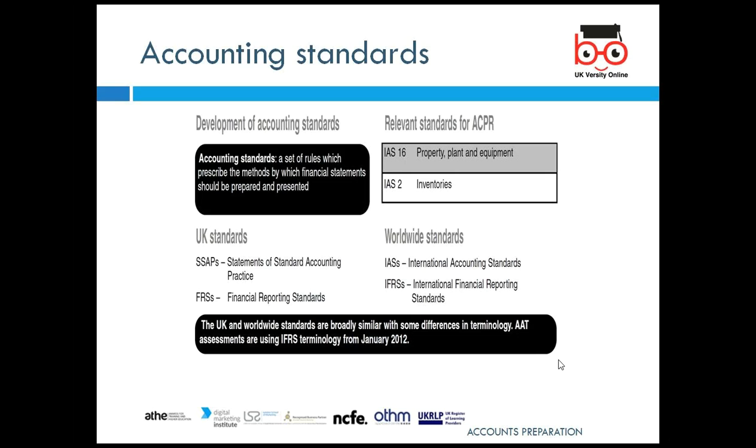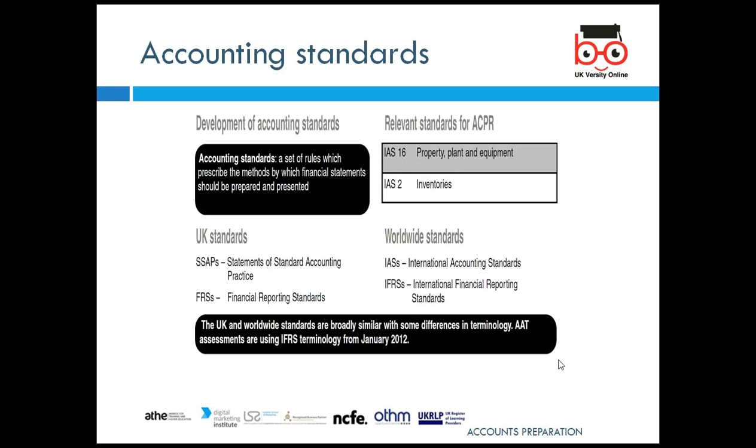Next we're looking at the development of accounting standards. An accounting standard is a set of rules which prescribe the method by which financial statements should be prepared and presented. UK standards are SSAPs, Statements of Standard Accounting Practice, and FRS, Financial Reporting Standards. Internationally there is IAS, for example IAS 2 Inventory Valuation.